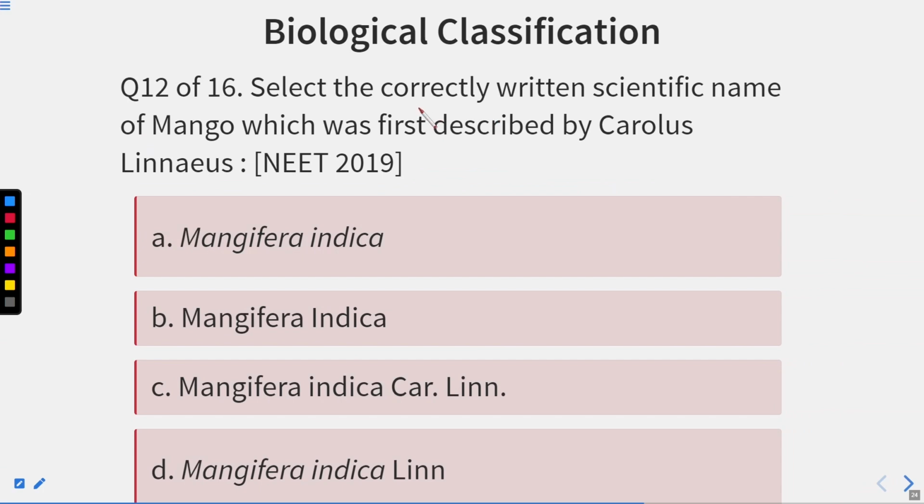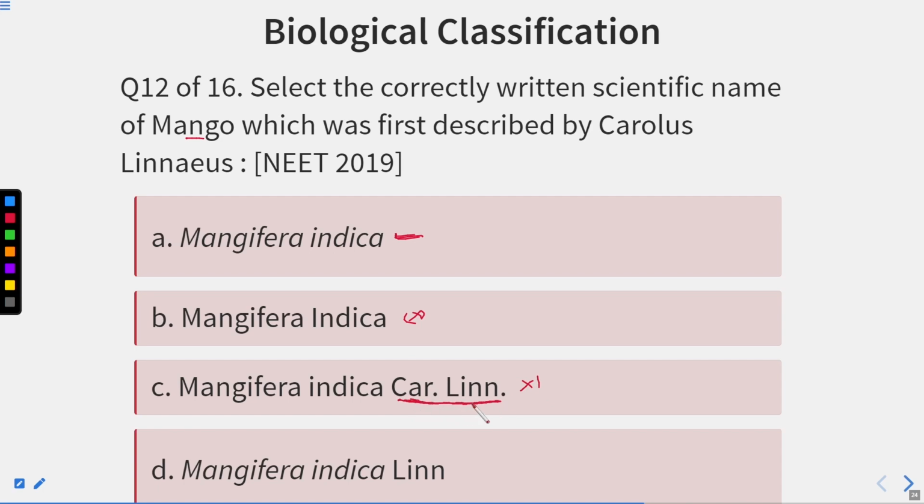Now, next question is again a straightforward question. Select the correctly written scientific name of mango. Mangifera indica is italicized, but here the author name is missing. Next option is Mangifera indica, which is not correct because it is not italicized. Option C, Mangifera indica Carolus Linnaeus, is also not correct.